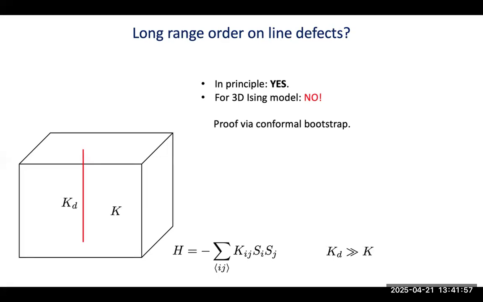Sorry, just a question. You had this earlier statement that 1/r² or slower allows it, so naively you would expect the conformal dimensions of the bulk to be important. That's the right question. I'm going to discuss what the criterion is, what determines whether it's allowed or not. It's not exactly the conformal dimension of the bulk, but a certain conformal dimension of a defect changing operator on the defect.